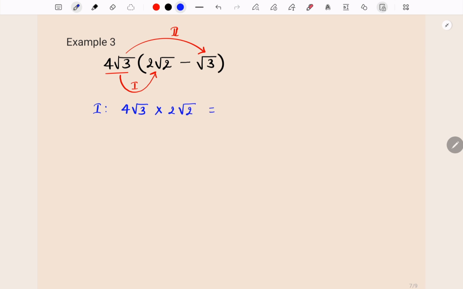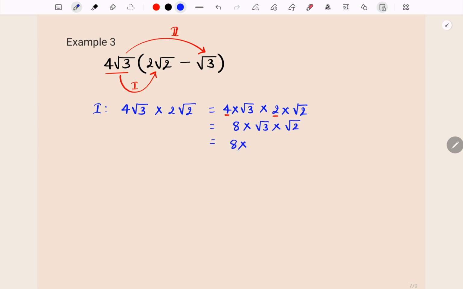We have already solved a very similar question in this video. Here I can write it as 4 times root 3 multiplied by 2 times root 2. Now I can multiply this 4 with 2. 4 multiplied by 2 is 8, and we have root 3 times root 2.